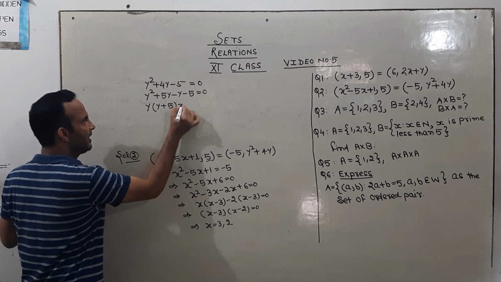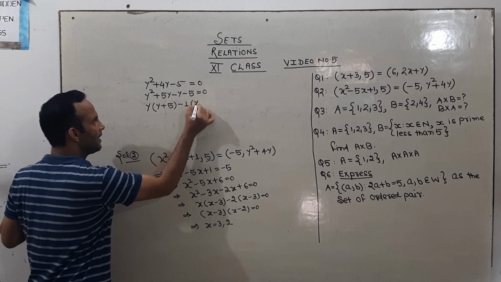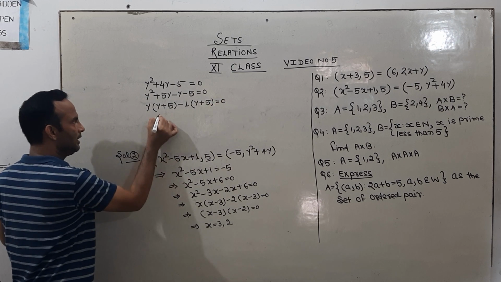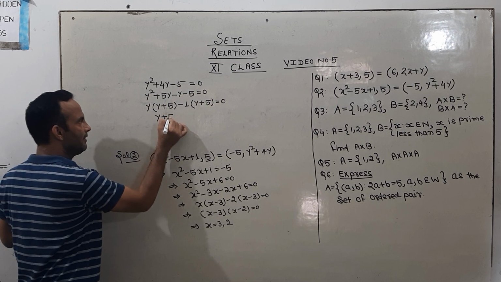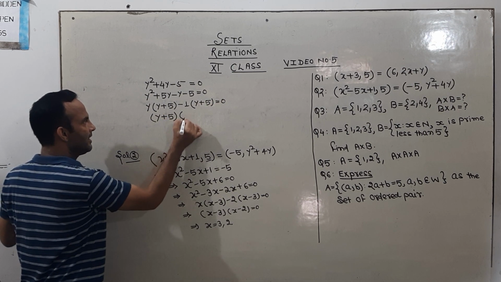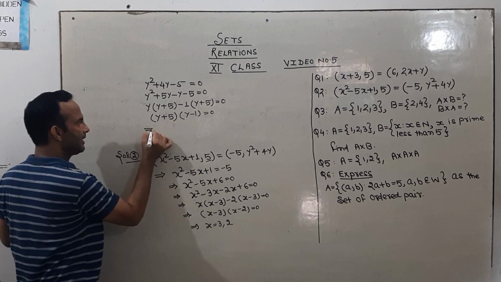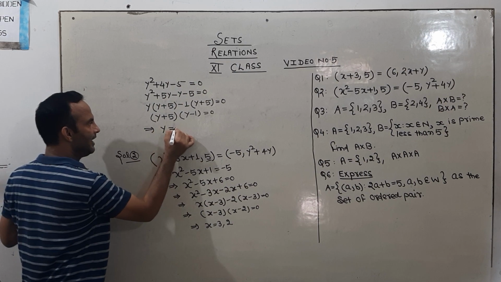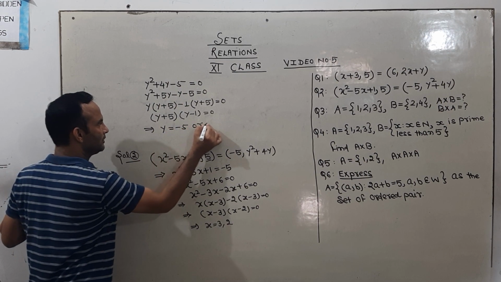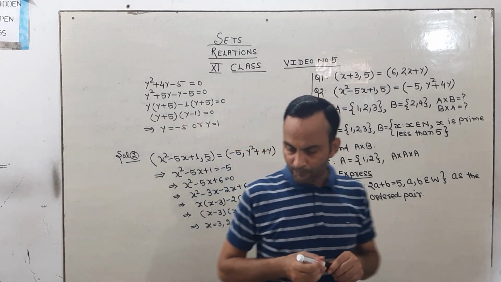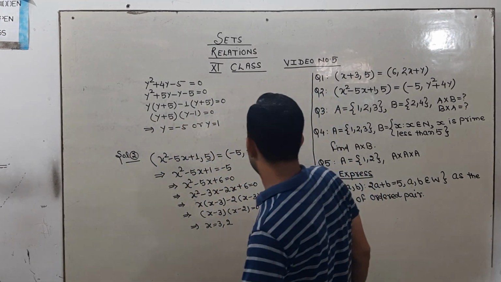Now taking common minus 1, y plus 5 is equal to 0. It can be written as y plus 5, y minus 1 is equal to 0. Implies that y is equal to negative 5 or y is equal to positive 1. I hope, dear students, you understood well. Now see the next problem.